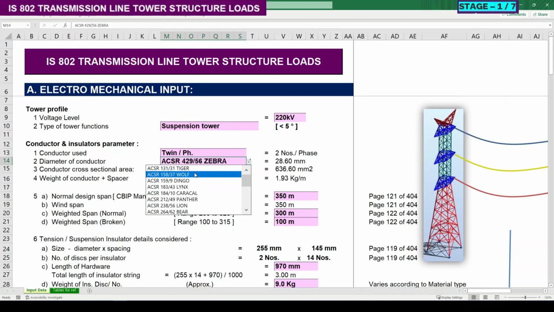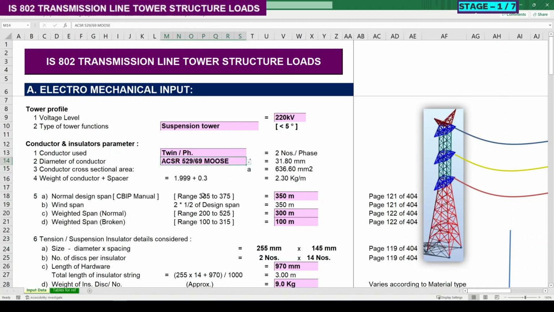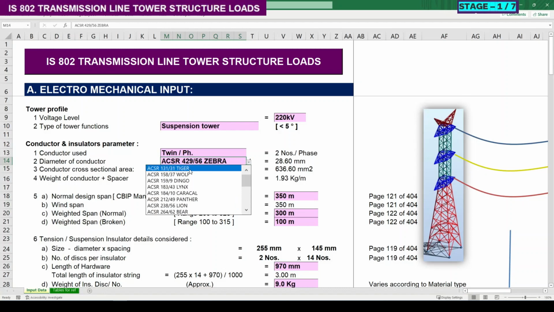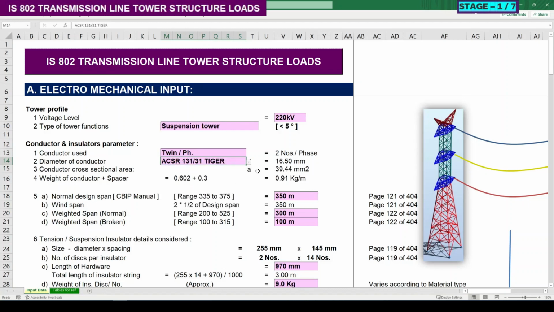In the case of European standards, the types of conductor are named after birds. If we consider the moose, it has a higher diameter, for example 31.8 mm. Zebra is 28 mm, and ACSR tiger is only 16.5 mm.